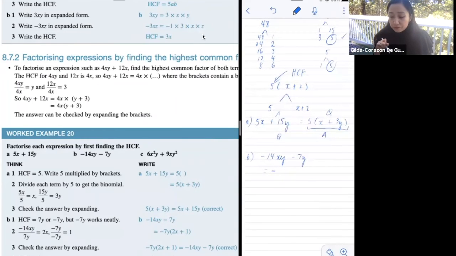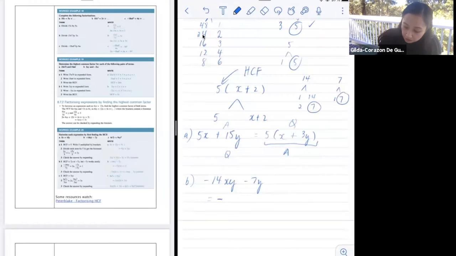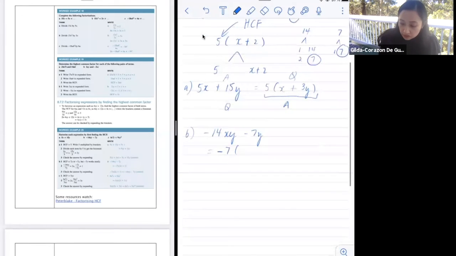Now, again, numbers first, then letters. You've got 14 and 7. The highest common factor of 14 and 7 would be 7. What did you multiply to negative 7 to get negative 14xy? Hang on, we did the numbers, but we didn't do the letters, did we? So we look at xy and y.